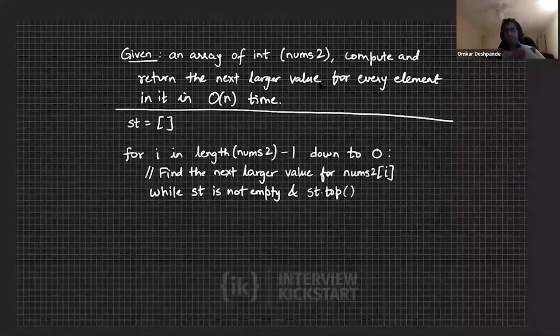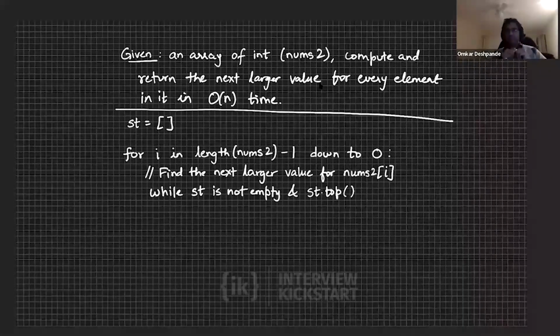Now in this problem, we don't really care about the indices, right? Otherwise we would have a pair inserted into the stack, but in this particular problem, if you like, we can add the indices, but because all the values are unique, for every element the next larger element will also be a unique mapping. There'll be a unique key, and the value may be the same for two different elements.